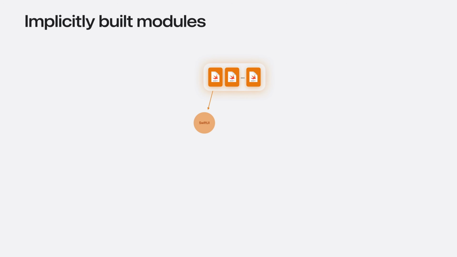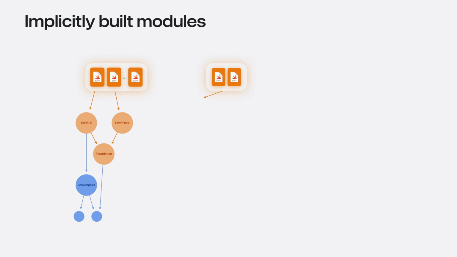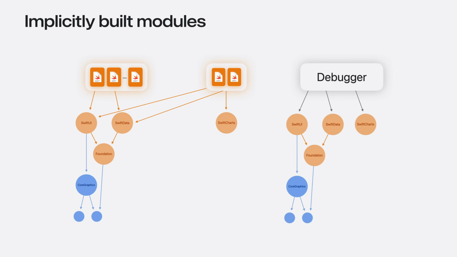However, it's hiding a lot of work because it has to build every module that's used, including ones written in Objective-C or C++ sequentially. When another Swift module is built, it will reuse the same binary modules, but it might have to wait until they're ready, which means we aren't getting as much parallelism out of the build as we want. Additionally, the debugger might have to build its own version of all of these module files. This could lead to long pauses when first printing variables in the debugger.